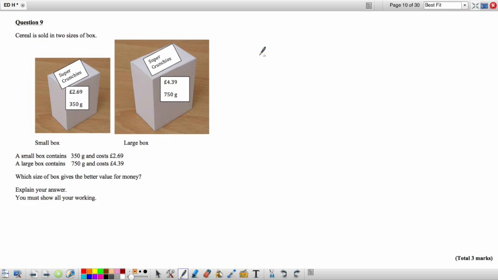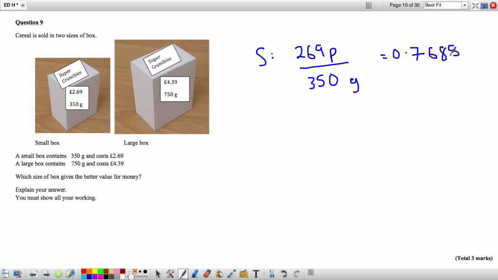So first off, if we look at the small box, we have our price, which is £2.69. We can convert that to pence if you wish. 269 pence divided by 350 grams, which gives us, using our calculator, 0.7685.